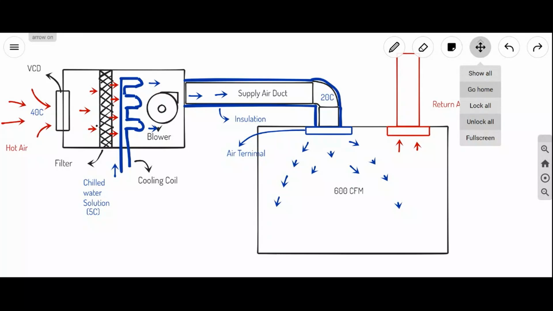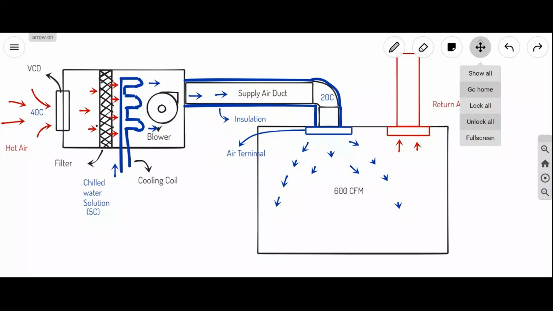Sir, we can use a feedback system. If we get the desired temperature, then automatically our blower will stop or chilled water flow will stop. Okay, good. Still good.